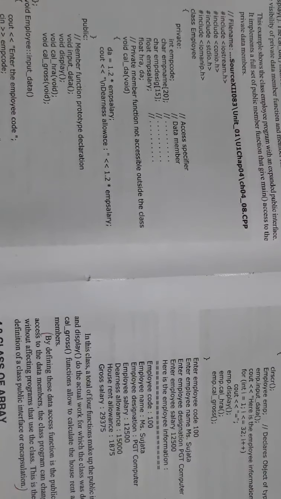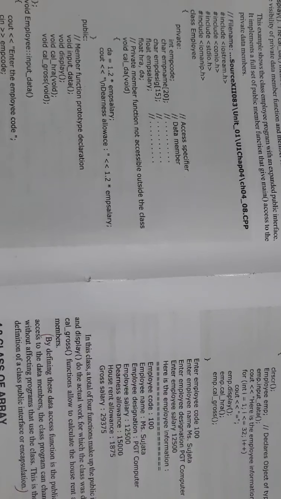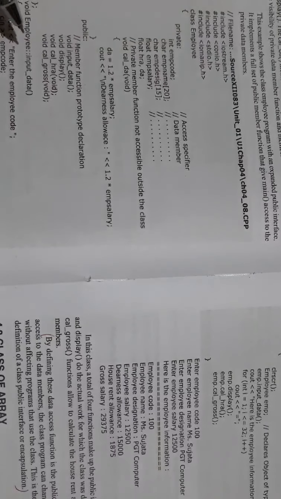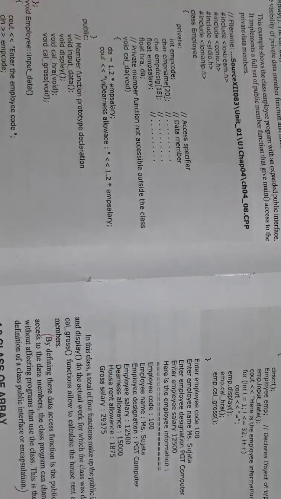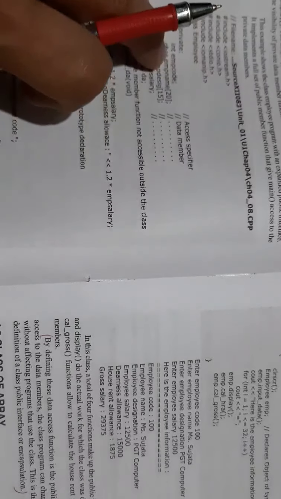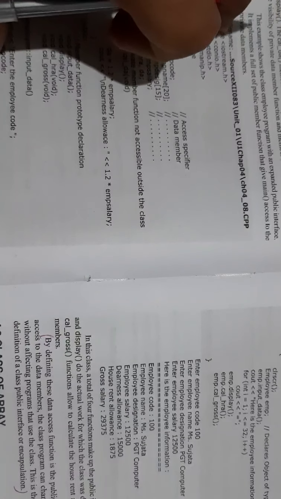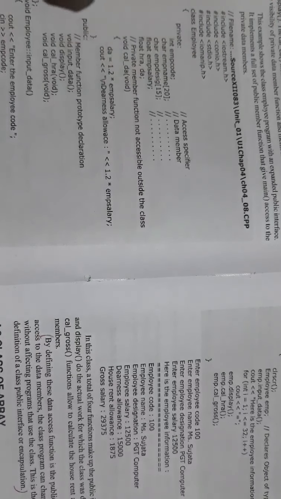So every member function has its own work layout, right? It knows what it's bound to do. So the restrictions imposed using these access specifiers improve the security of the program and remove unwanted access, clear.